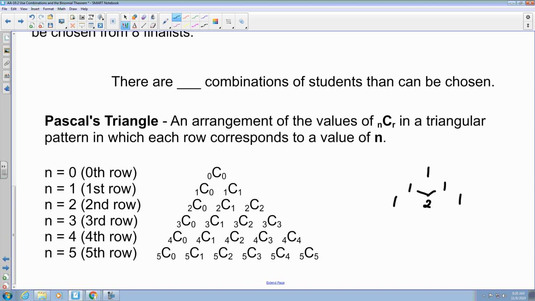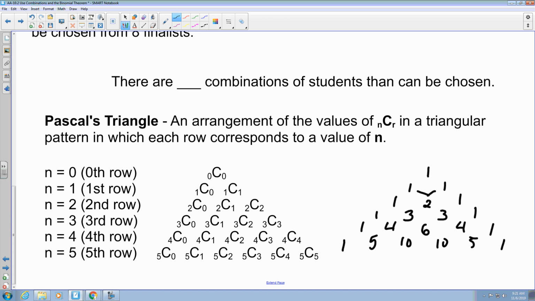In the next row, 1 goes to the outside, 1 and 2 gives us 3, 2 and 1 gives us 3. The next row is 1, 4, 6, 4, 1. Then the next is 1, 5, 10, 10, 5, 1. That is how we can utilize these different problems.